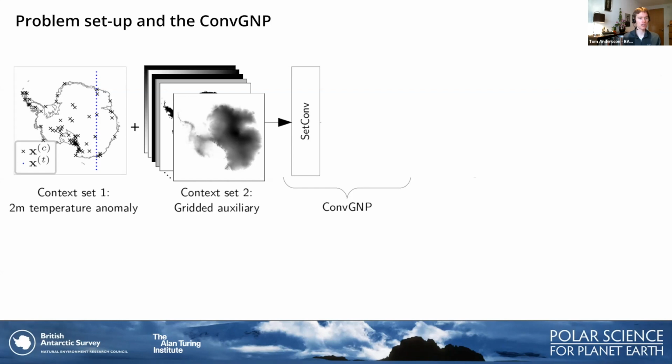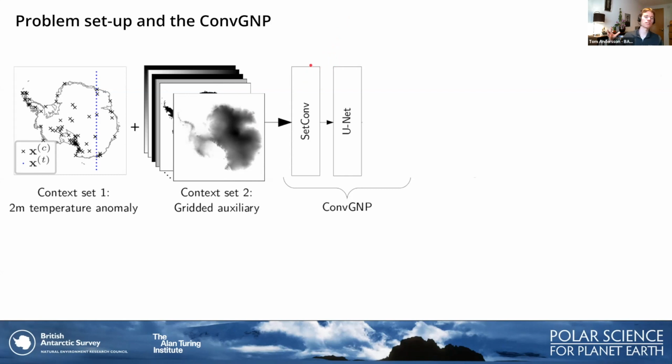Previous machine learning approaches, which I'm going to completely glaze over for the purposes of this talk, known as Gaussian processes, are pretty much unable to integrate more than one data stream. They can only integrate one data stream containing observations of the variable that they're trying to predict. And it's really finicky, if not pretty much impossible, to try to integrate this second context set. So that's one novelty of the ConvGNP.